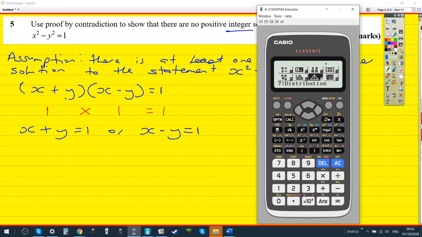So that will be 1 minus y equals 1, and so that will be 1 equals 1. So just put it in the calculator. Oh, yeah. x is 1, y is 0.